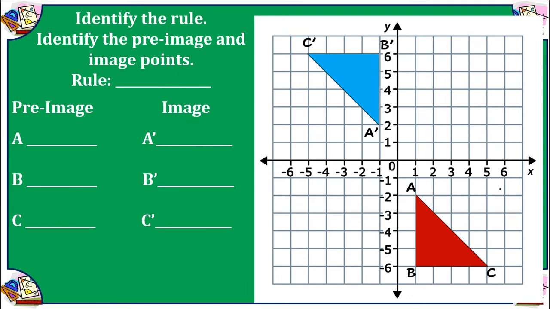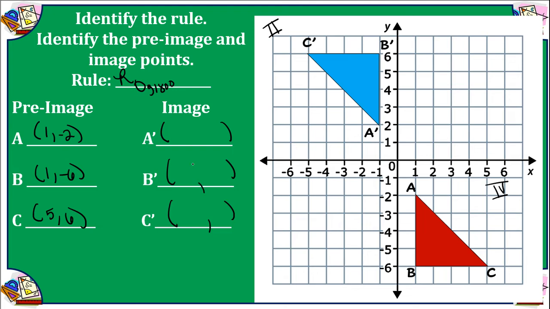Okay, now again, we are in quadrant 4. We are going to go counterclockwise to quadrant 2. So we're going halfway around, 180 degrees. A is (1, -2). B is (1, -6). And C is (5, -6). We are rotating around the origin and we're going 180 degrees. So 180 degrees means that the x and y do not switch positions.